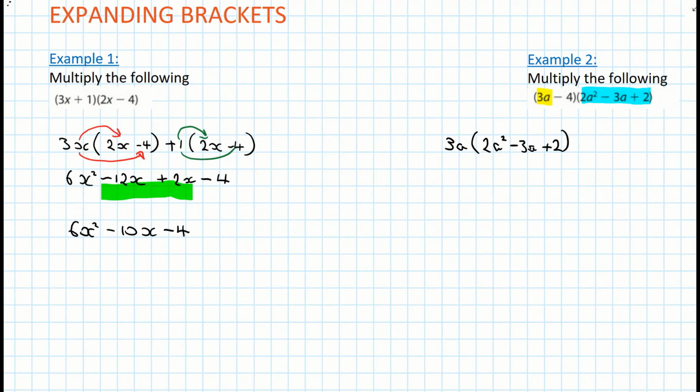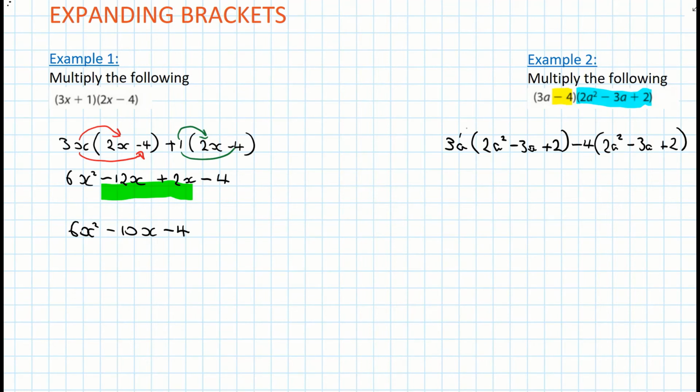I'm then going to take the second term out of the first bracket, which is my negative 4. Make sure that you take the sign with it, so it's minus 4. And I'm multiplying it by everything that's in the second bracket again, which is my 2a squared minus 3a plus my 2.